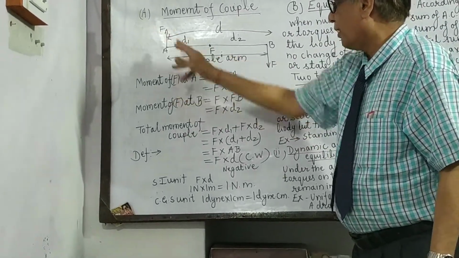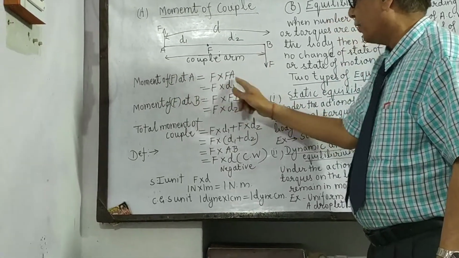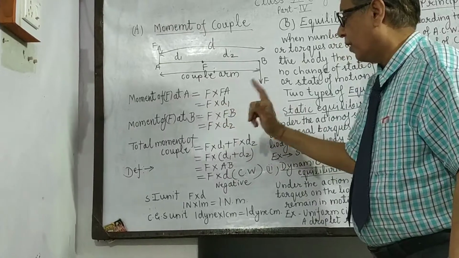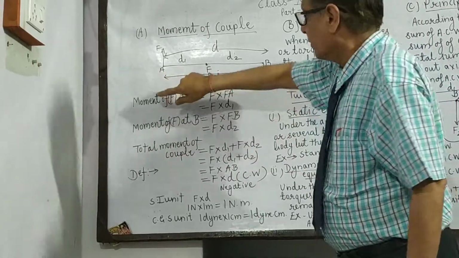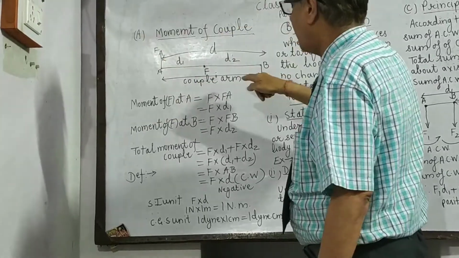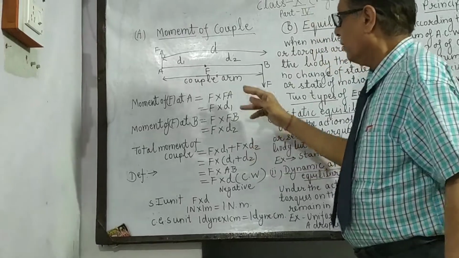So the moment of the first force F is F into FA. Let it be D1, so F into D1, and the tendency of this force is to rotate upward, that is, clockwise.